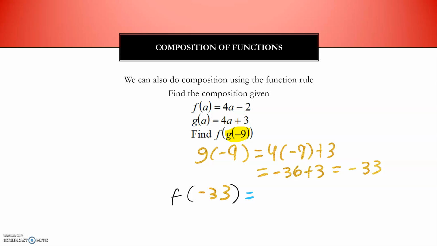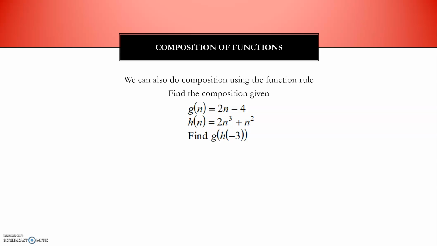F is 4a minus 2. 4 times negative 33 minus 2. 4 times negative 33 is going to be negative 132, minus 2, and so then I'm going to have negative 134. So f of g of negative 9 is the same as f of negative 33, which is negative 134.